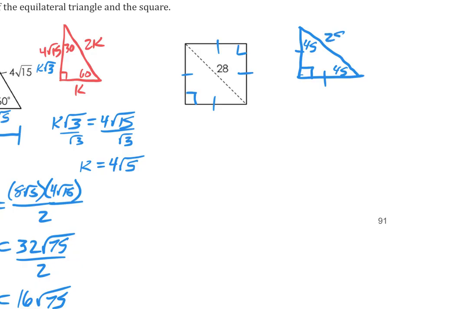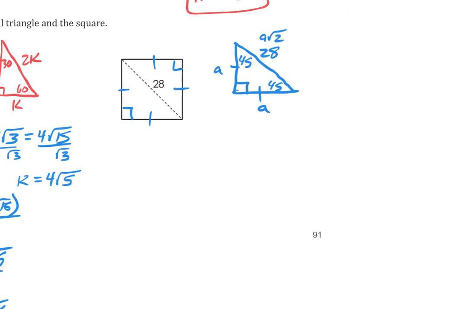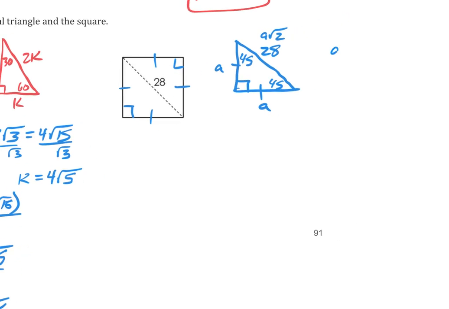We know that this is 28. So what we're using here is this guy, right? The blue one. And then this would be A, and A radical 2. So we're going to set A radical 2 equal to 28.